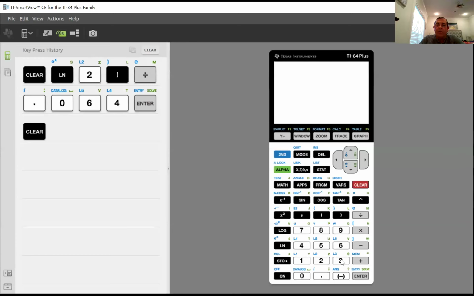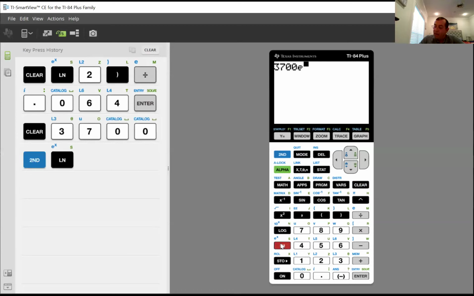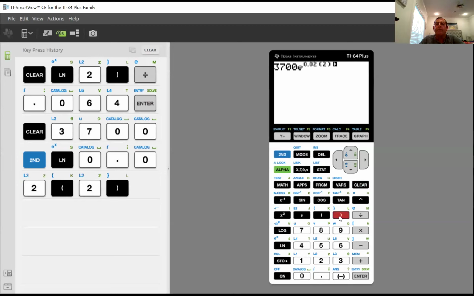So I had 3,700, second ln to get my E, and then I had 0.02 times 2. All right, y'all, let's punch that in. So look at that. Now, round this one to the nearest book, so I won't have any decimal places on this. What would y'all round that to?